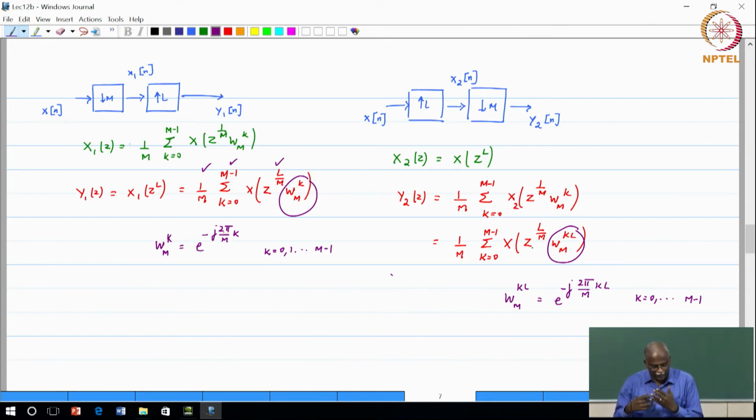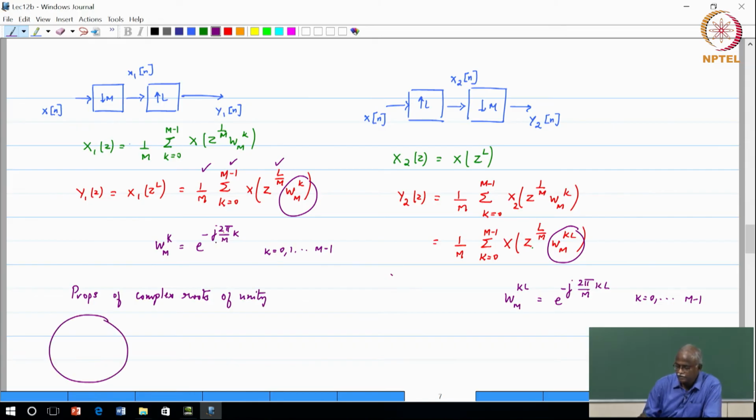Now, if you go back and look at the properties of the complex roots of unity, this set corresponds to k equal to 0, k equal to 1, k equal to 2 and so on, and the last one is k equal to M minus 1. Basically, you are spanning all the roots of unity.